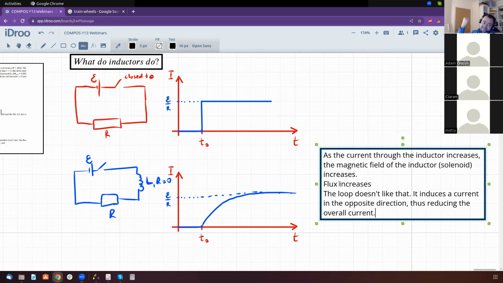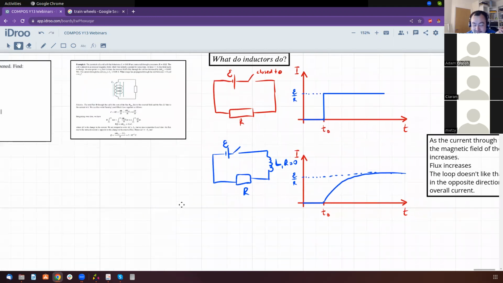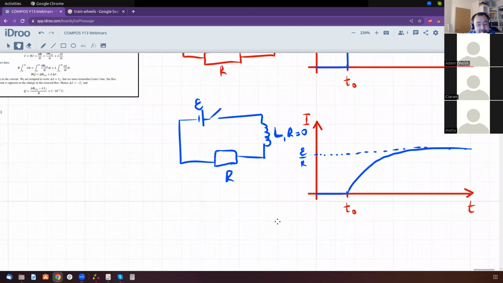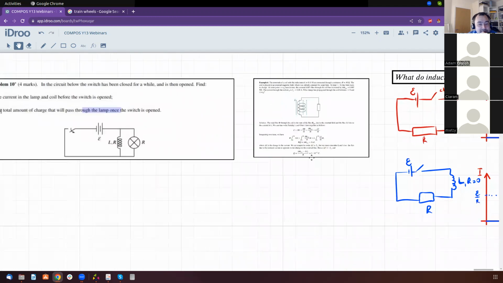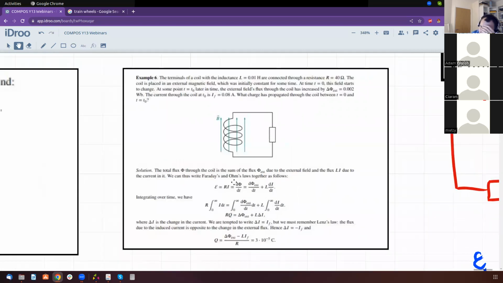And the next topic would be the actual differential equation of this. So we have the current increasing like that. If you look at the example, the flux through the coil is the sum of the external flux and the flux due to the current in it.